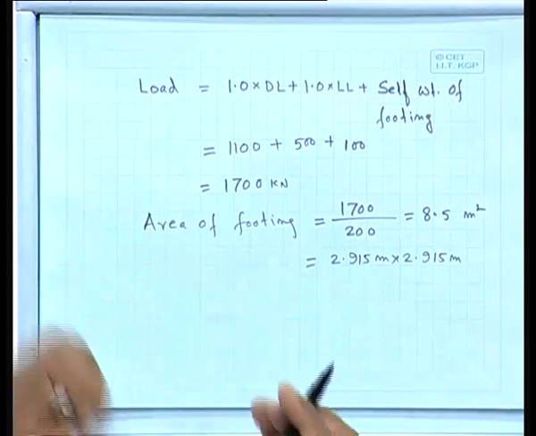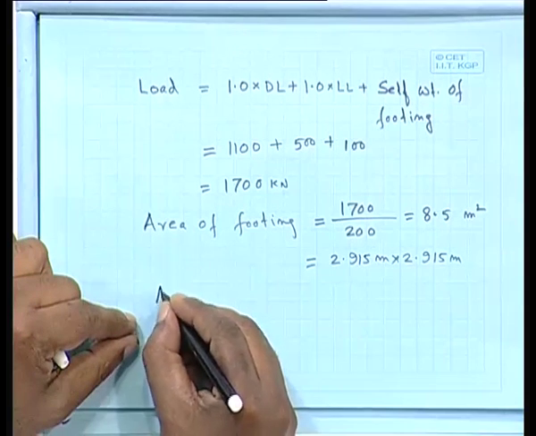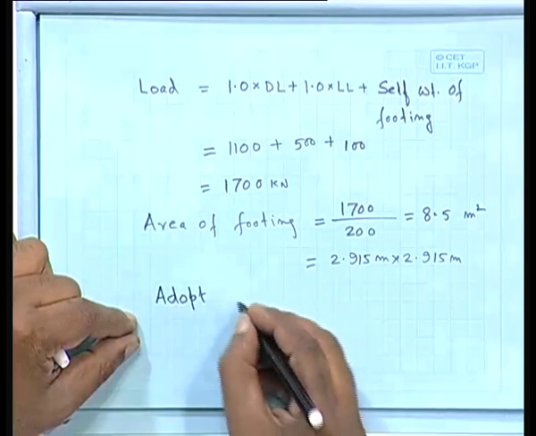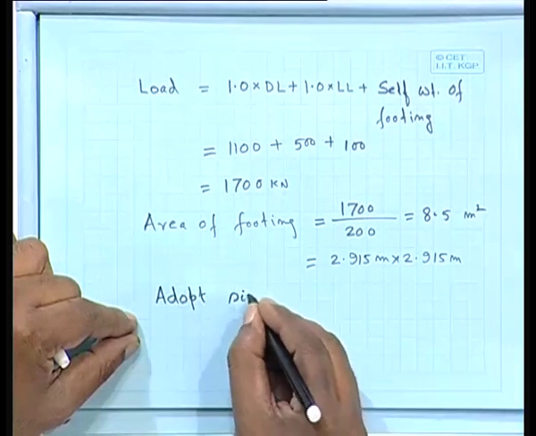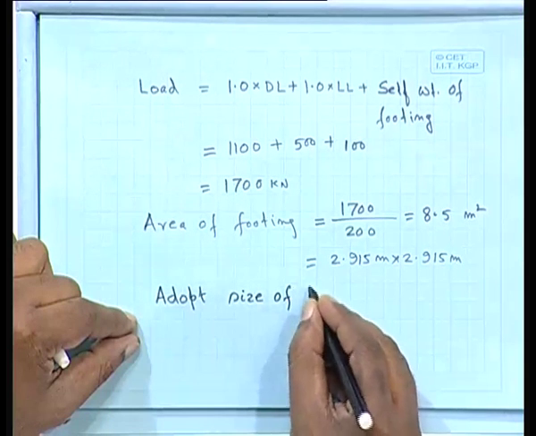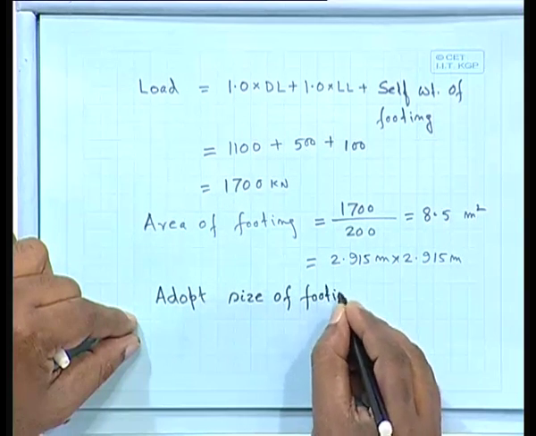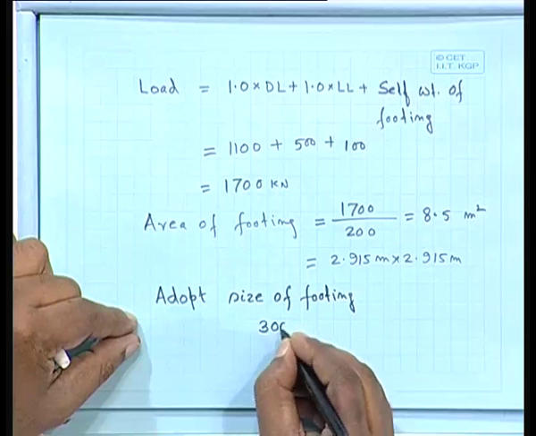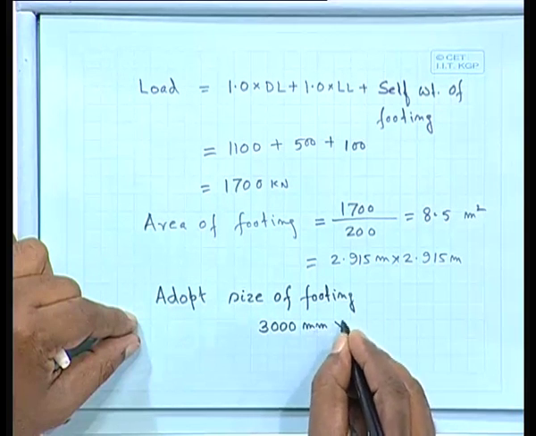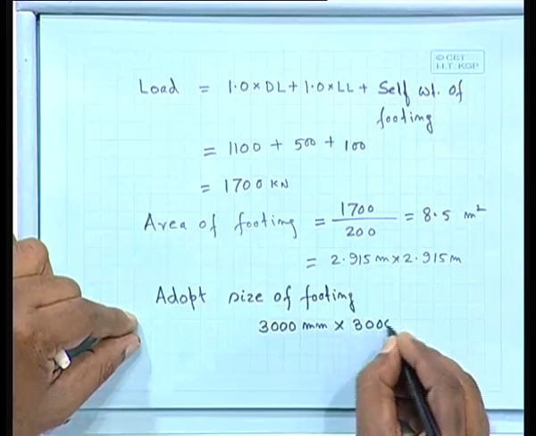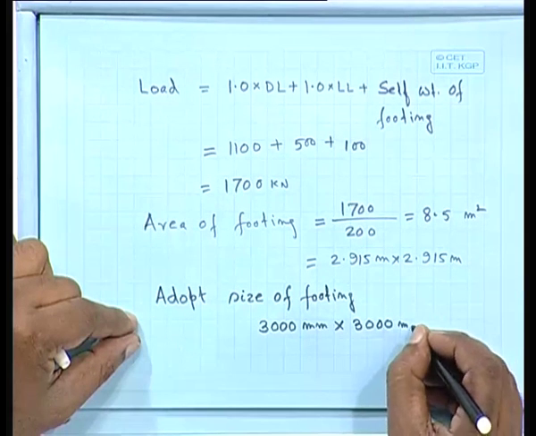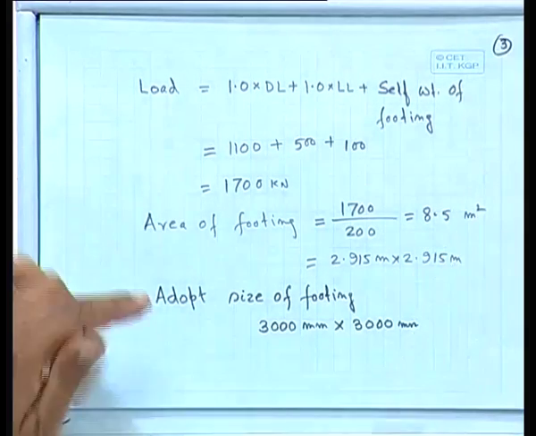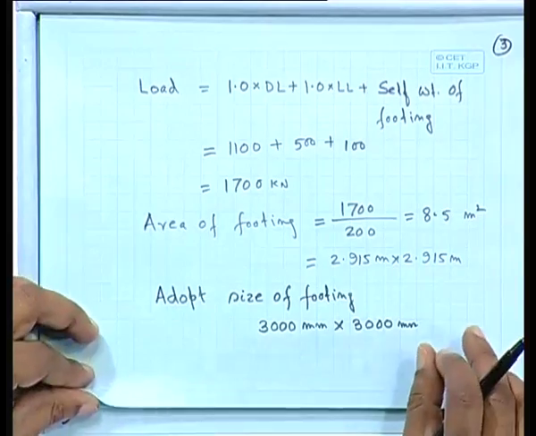So, let us provide the size of footing, say 3 meter or 3000 millimeter times 3000 millimeter. So, we shall take a square footing of 3 meter by 3 meter.